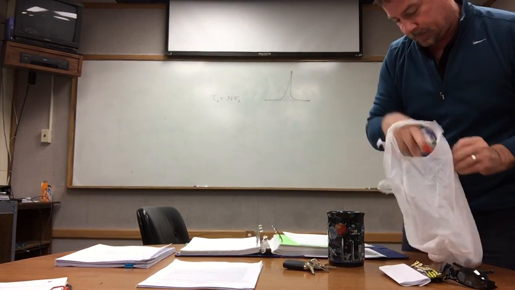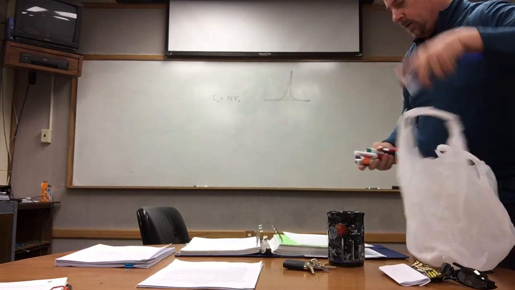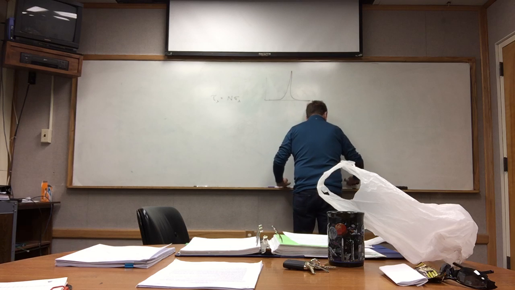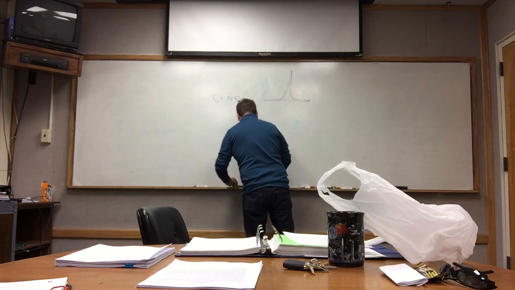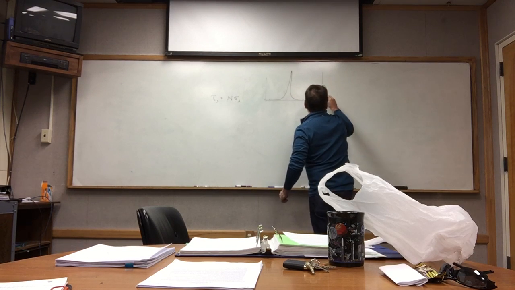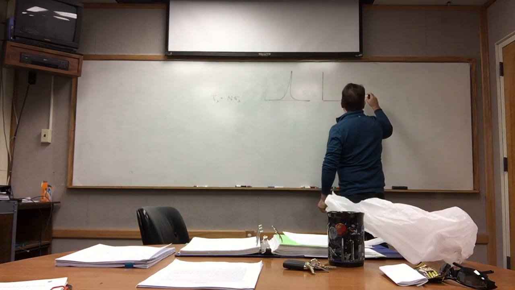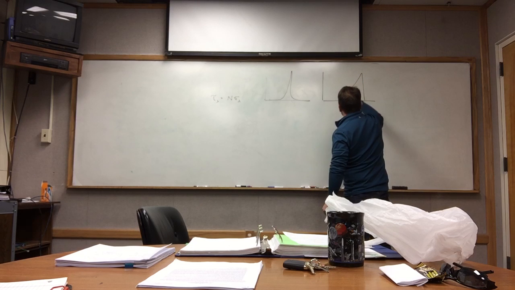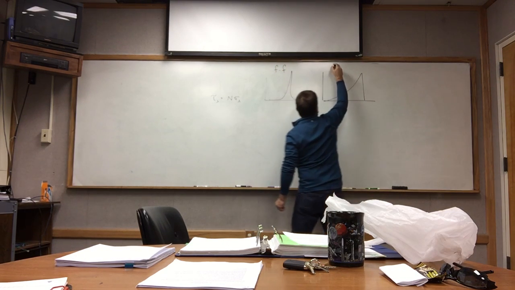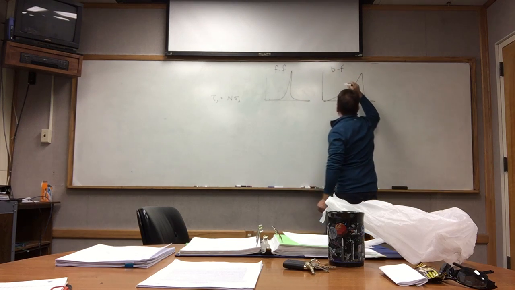Okay, so effectively then you also had bound-free transitions, and in a bound-free transition you might see something like this for the cross-section. This would be a bound-free, which is basically ionization.